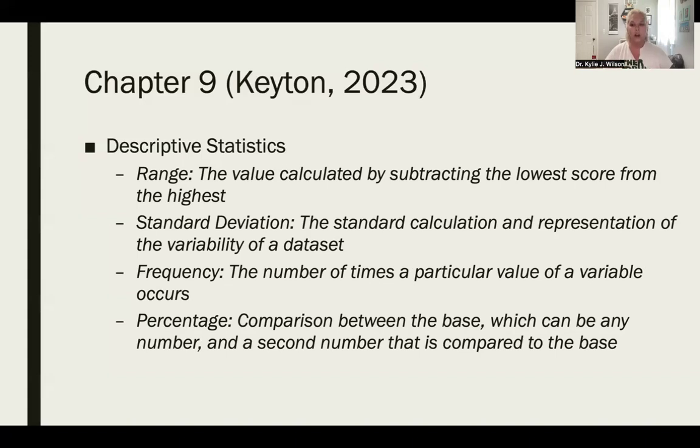So if we talk about the mean for the class being a B minus, right? So the average is a B minus. The standard deviation might be 0.5.